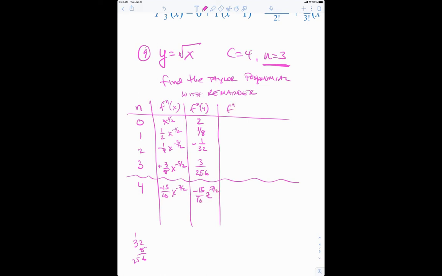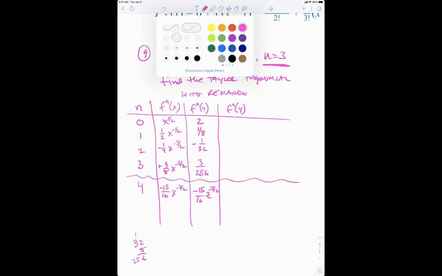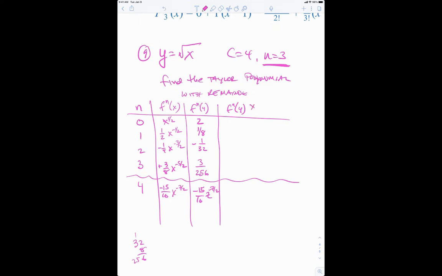Now each one of these needs to get multiplied by x minus c to the n over n factorial. So first one gets multiplied by 1, right?